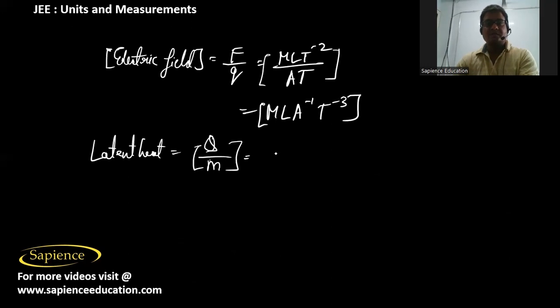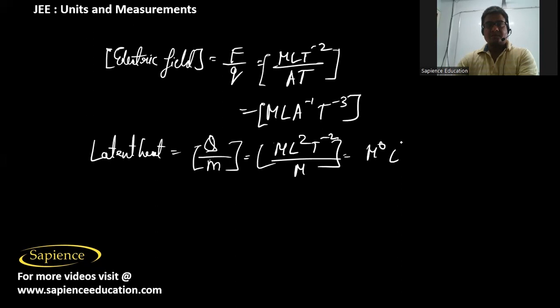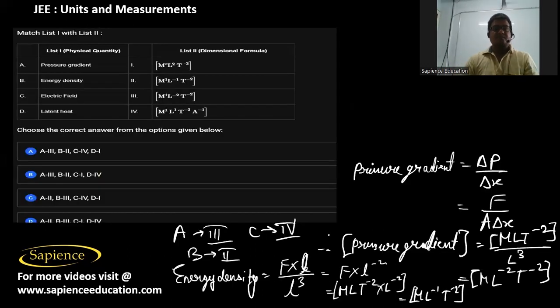Heat energy has the same dimension as the work done, which is M L square T power minus 2, divided by M. So this will be equal to M power 0 L squared T power minus 2. That means D matches with 1. So it means that option A is the correct answer.